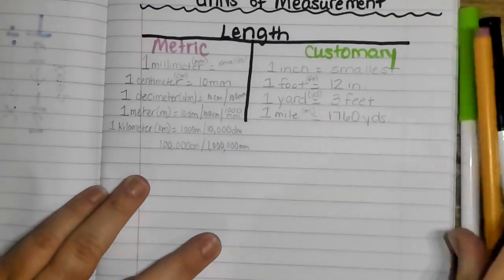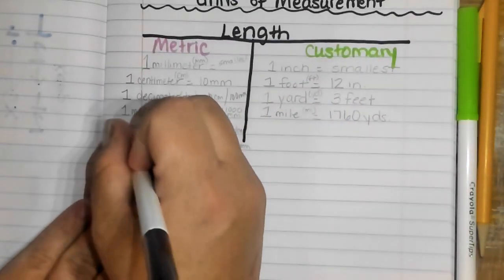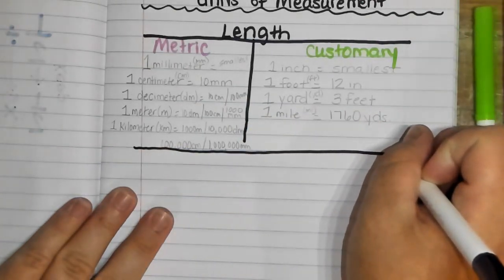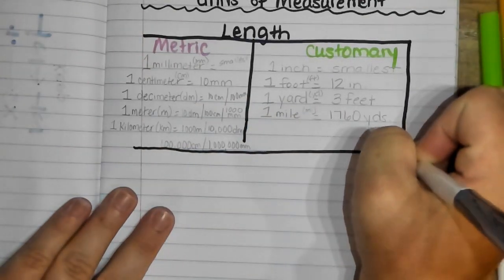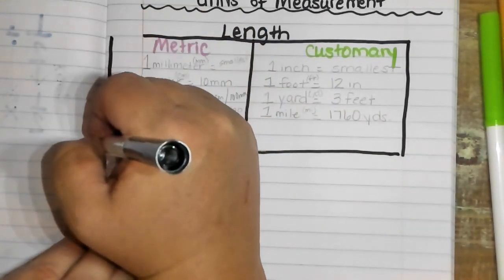Okay, so we're done with length, and we have our metric and our customary side.